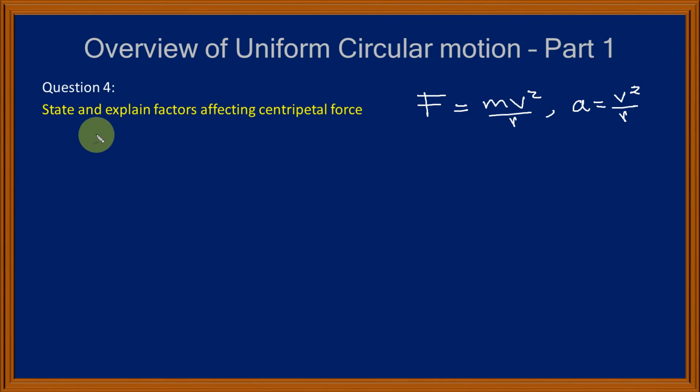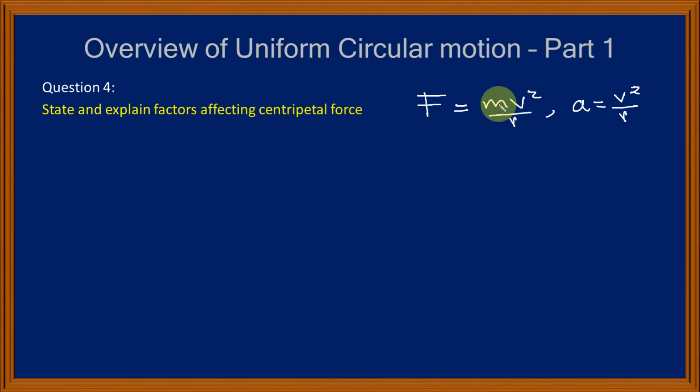Of course, here we can just state them: the first factor is the mass of the object. The heavier the object, the more centripetal force you will need. How about the speed of the object? The higher the speed, the more centripetal force you're going to require. And of course, the smaller the radius, the higher the centripetal force.